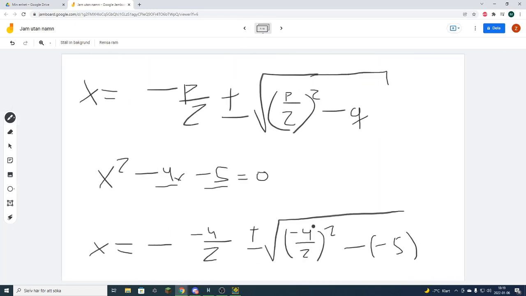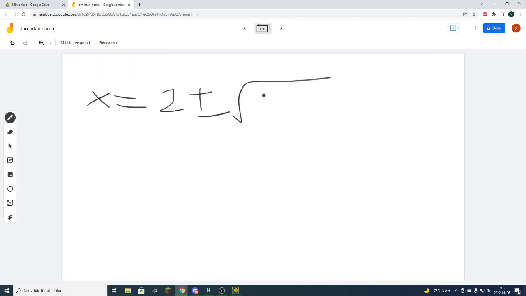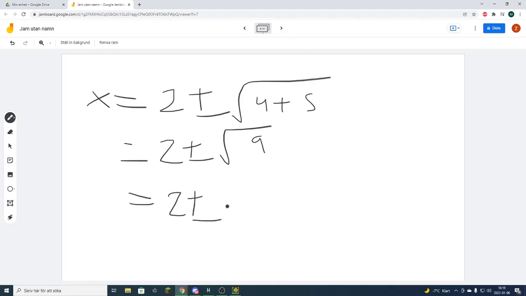Then we go back and see this entire thing comes out to -2 squared, which is 4, and this comes out to +5. So under the square root we get the square root of 4 plus 5. This is the same thing as 2 plus or minus the square root of 9, which is to say 2 plus or minus 3, because the square root of 9 is 3.